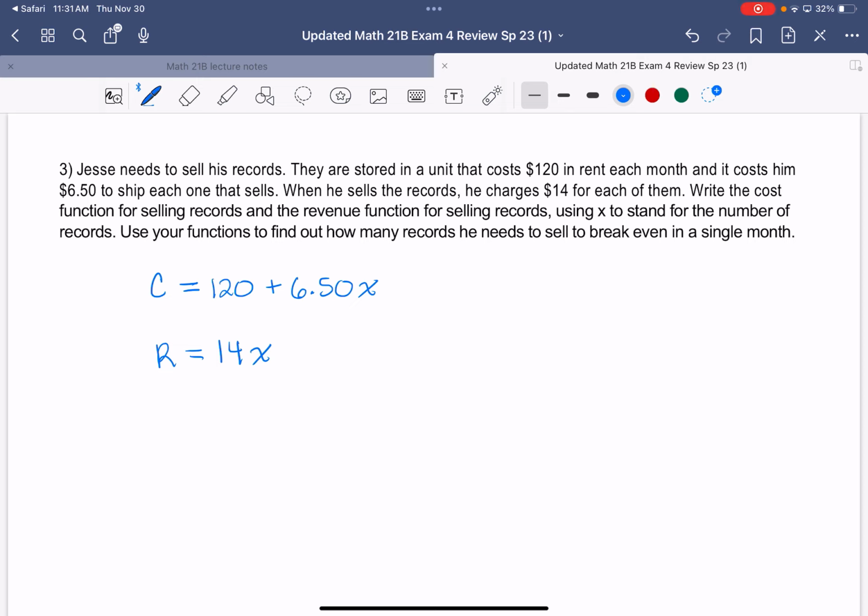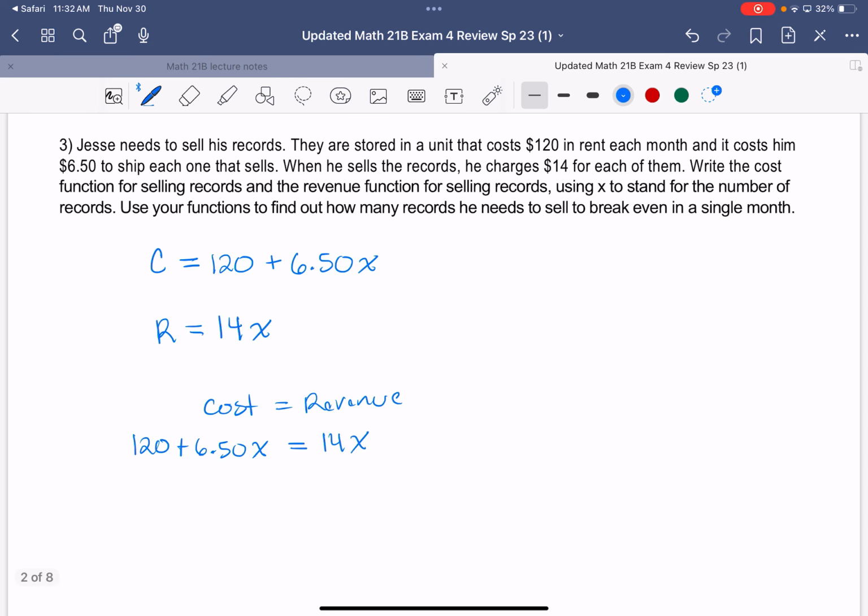They need to equal each other, right? In order to break even, your cost needs to equal your revenue. That's the only way to break even. The money going out needs to equal the money coming in. And then you substitute in each. The cost, we said, was 120 plus 6.50x equals the revenue, we said, was 14x. Any questions up to here?